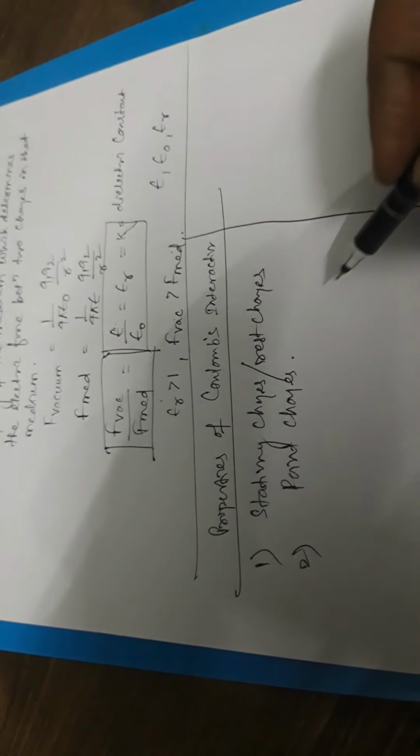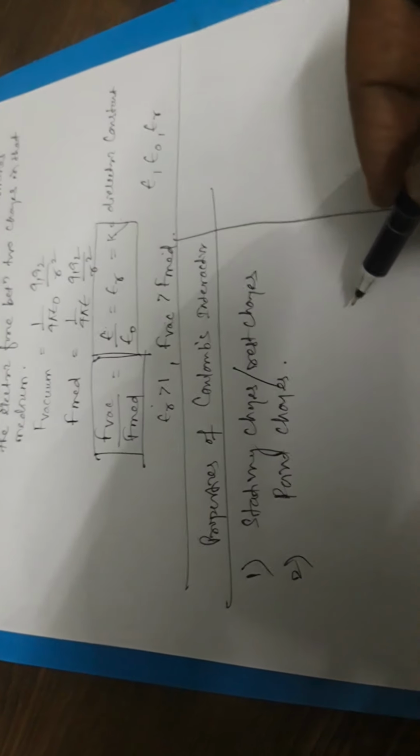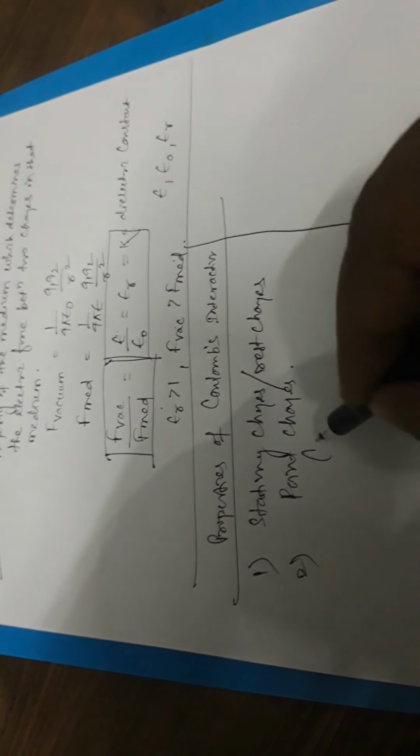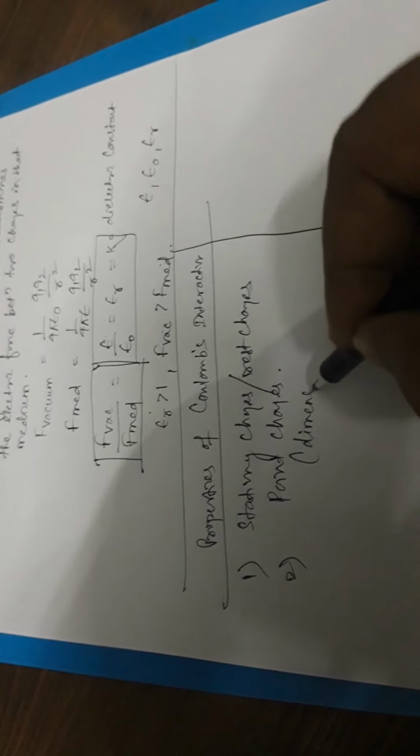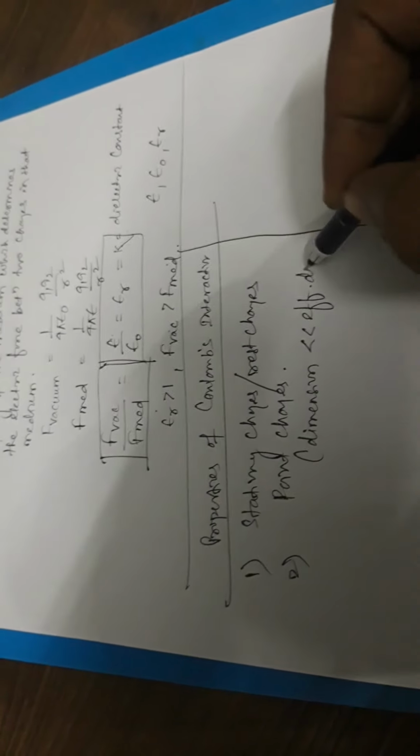As I told already, a point charge is that type of electric charge whose dimension or size is very small compared to its effective distance.